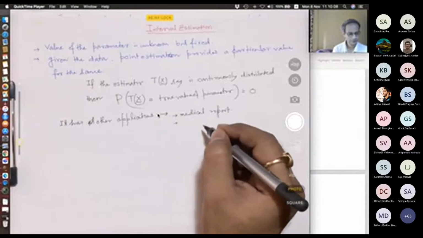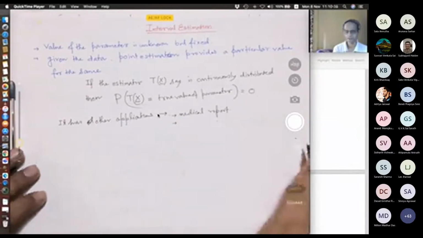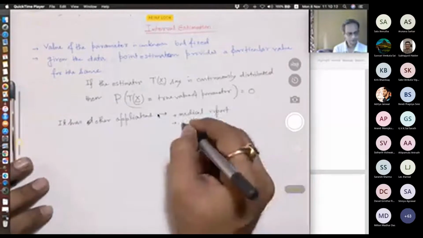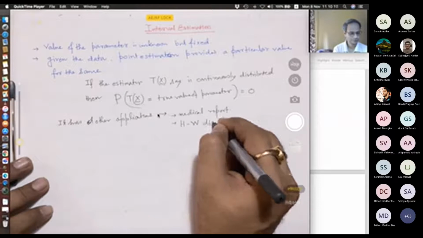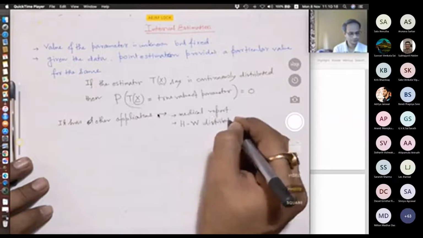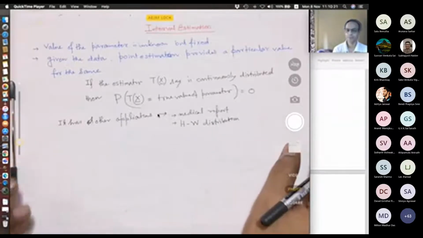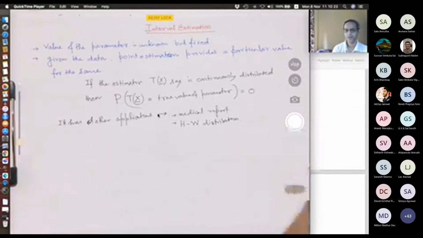Then for a given height, the weight: the height-weight distribution. Suppose you are 5'5". This much should be your weight.